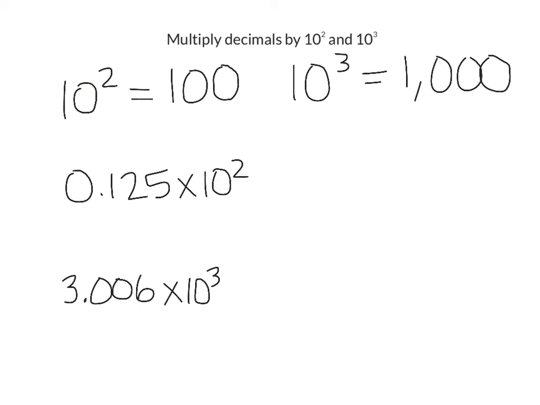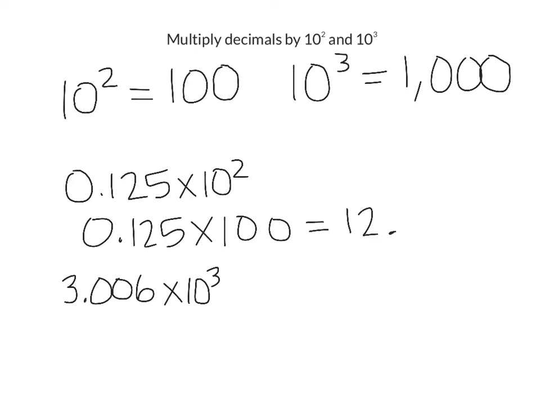So let's take a look at multiplying 125 thousandths by 10 squared. That's the same thing as multiplying 125 thousandths times 100. So we're going to move each digit 2 places to the left, and our answer would be 12 and 5 tenths.